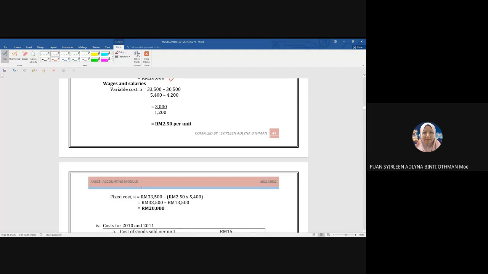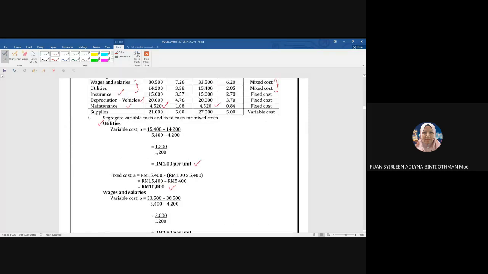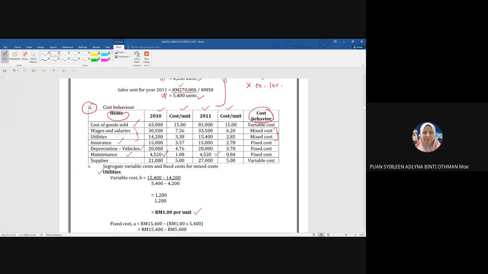Cost of goods sold per unit is RM15. How did madam get RM15? Because earlier I divided 63,000 by the units. That's why I get RM15.